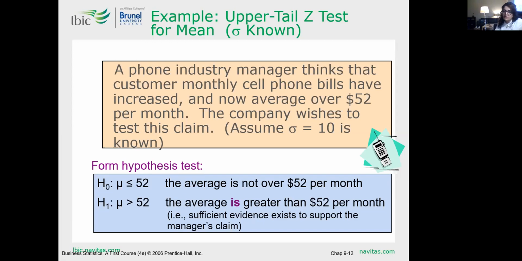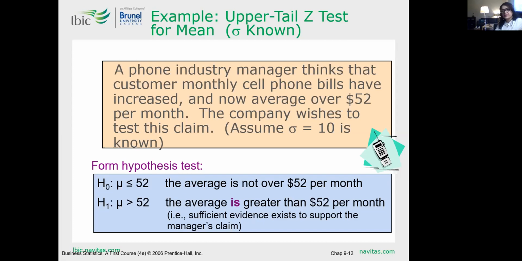Whatever is given in the problem is based on our assumption, so we can assume it as an alternative hypothesis. Here we have this value, $52, and we have a condition saying the average is over, not equal.